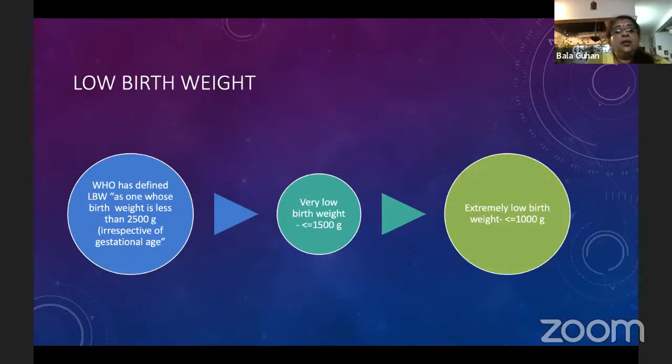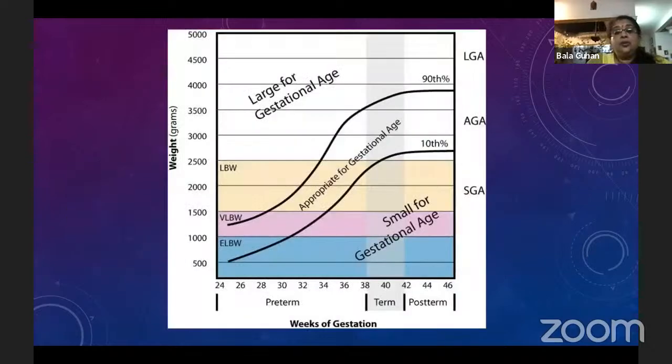In low birth weight, as per the WHO definition, weight less than 2,500 grams, irrespective of the gestational age. Very low birth weight is defined as equal to or less than 1,500, and extremely low birth weight, less than or equal to 1,000 grams.